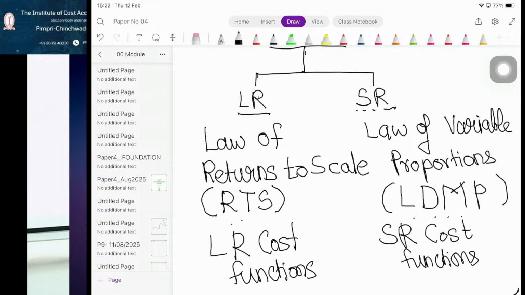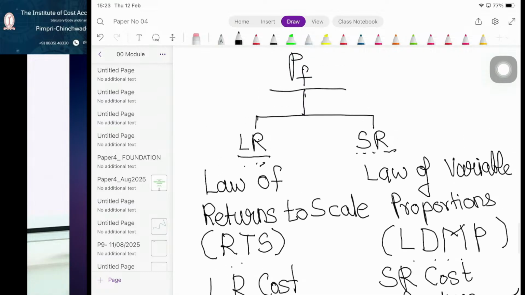Production determines cost, and production in turn gets determined by variability of inputs. So when all inputs can be changed, we say that the firm is in the long run. And for the long run firm, it is returns to scale.